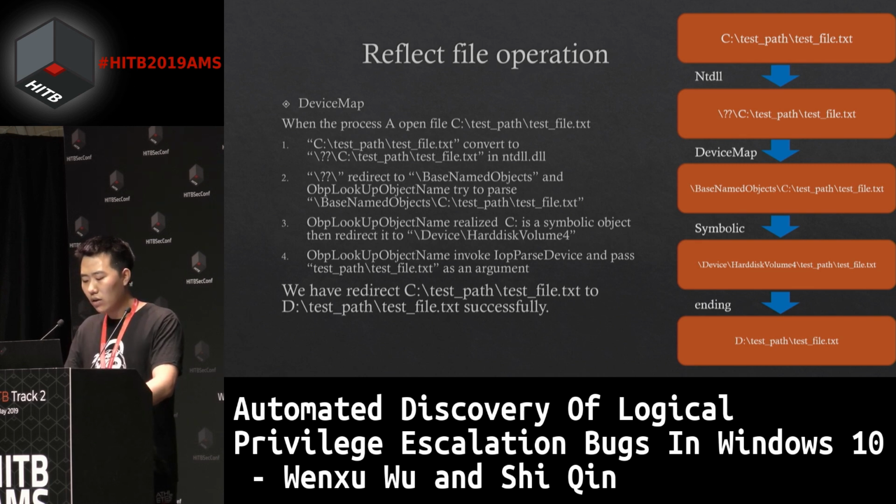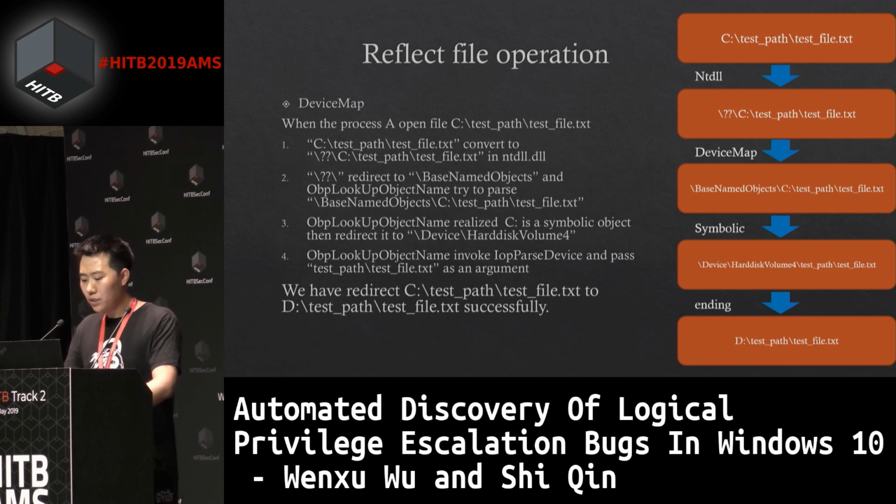Thirdly, OBP lookup object name realizes the C is a symbolic link object, then redirects to device hard disk volume 4 and test path. Test file is the remaining path. So the full path is device hard disk volume 4 test path test file now.